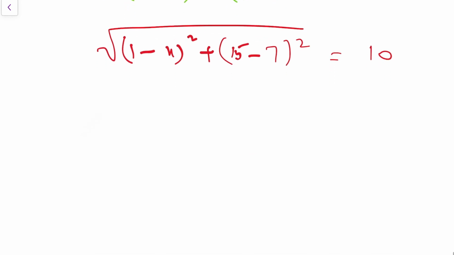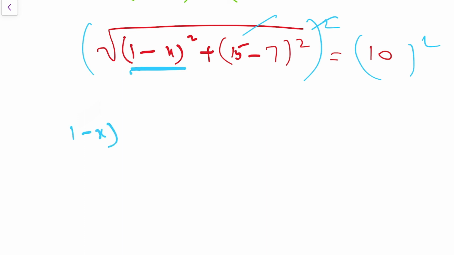Now on the left side we have a square root, but on the right side there is no square root. So to remove the square root, I am squaring both sides, so that these two cancel. Now we remain with 1 minus x whole square, as it is, plus 15 minus 7, that is 8 square, equals 10 square.